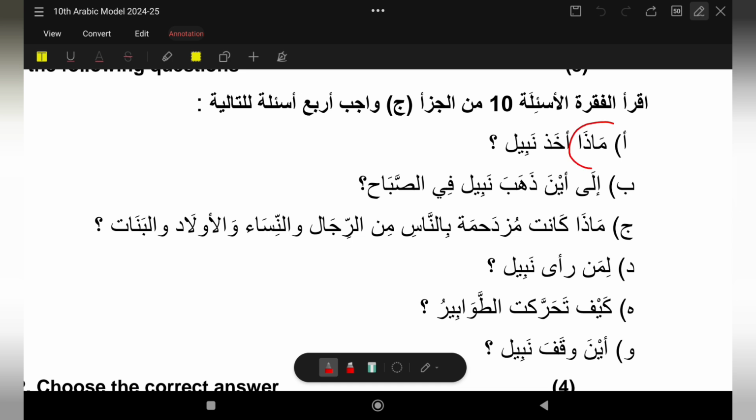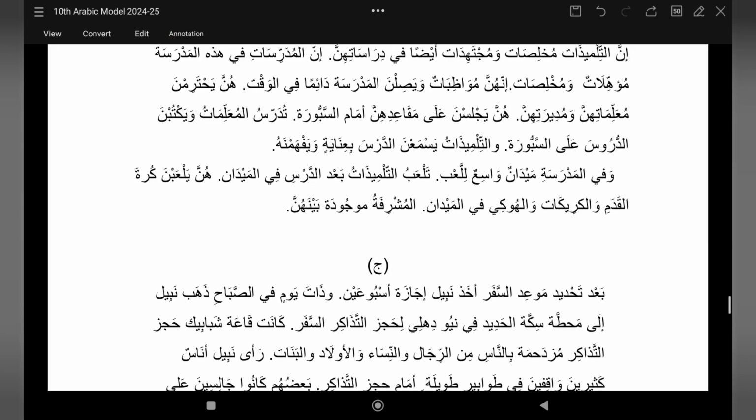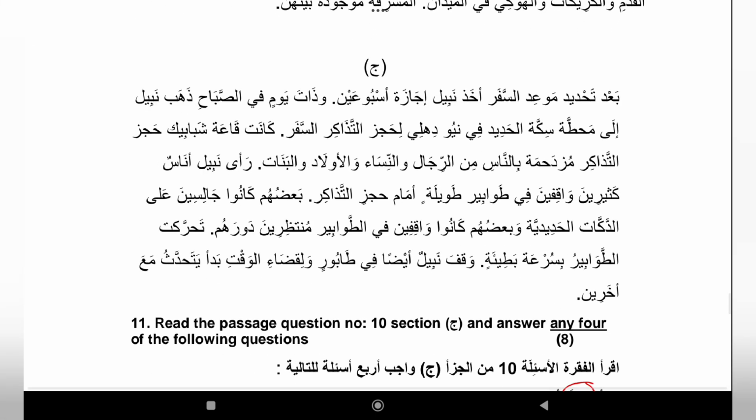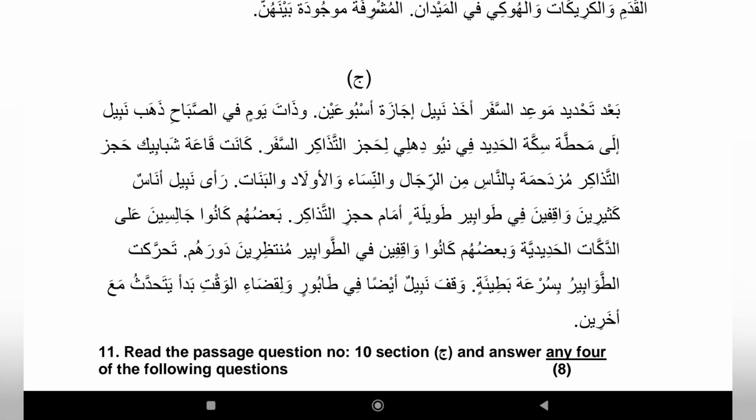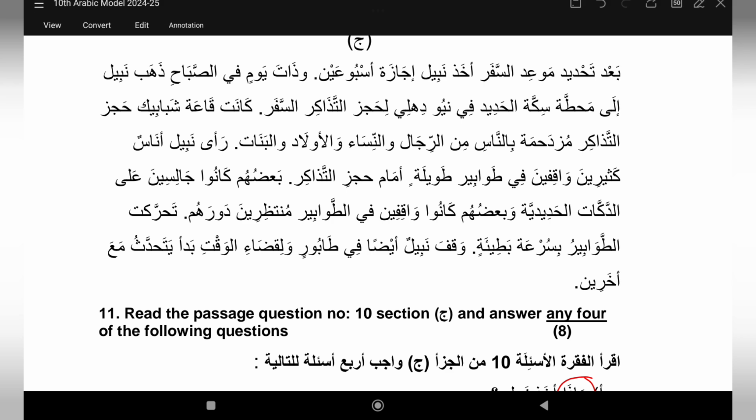So remove the question word ماذا, then أخذ نبيل, then the main answer. What is the main answer? You can see here. أخذ نبيل إجازة أسبوعين. That's all. That's the answer. Okay. You can see it here.